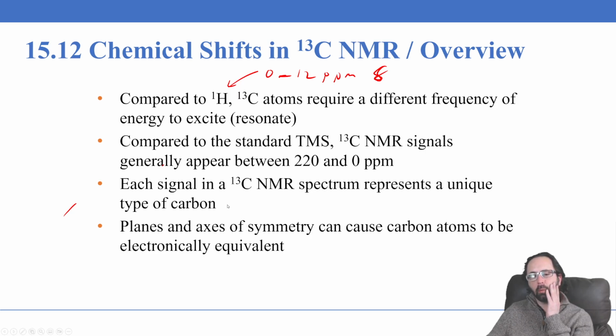And each signal will represent a chemically distinct carbon. Chemical equivalence is the same for carbons as for hydrogens. So we can use planes and axes of symmetry to analyze whether carbons are chemically equivalent.